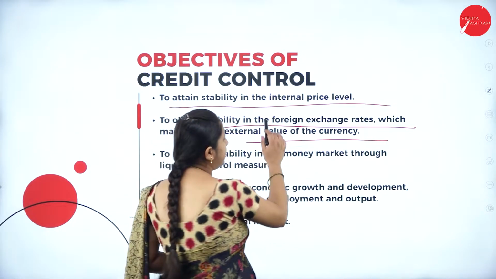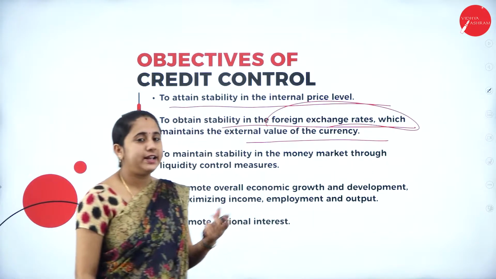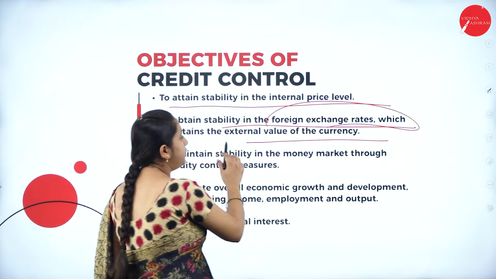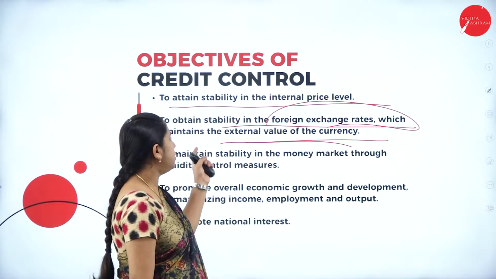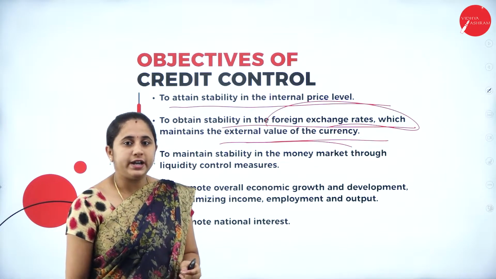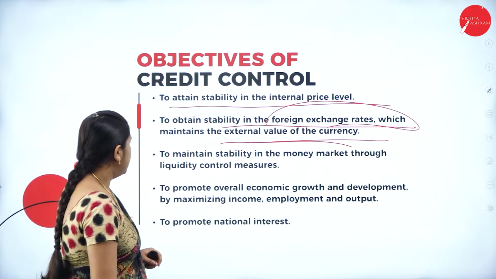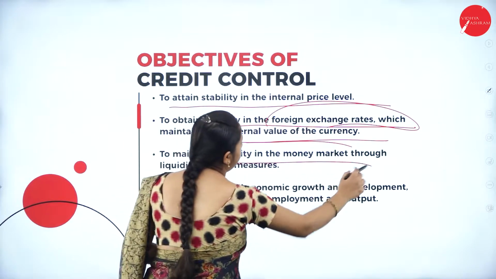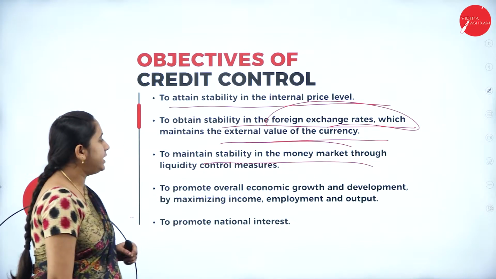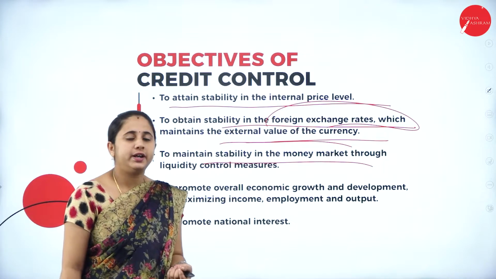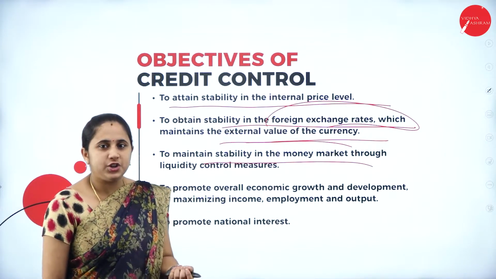The foreign exchange rate will influence the Indian currency as well as be influenced by external sources. In order to maintain the external value of the currency, RBI is going to regulate credit control. Third, to maintain stability in the money market through liquidity control measures, in the sense of money circulation.